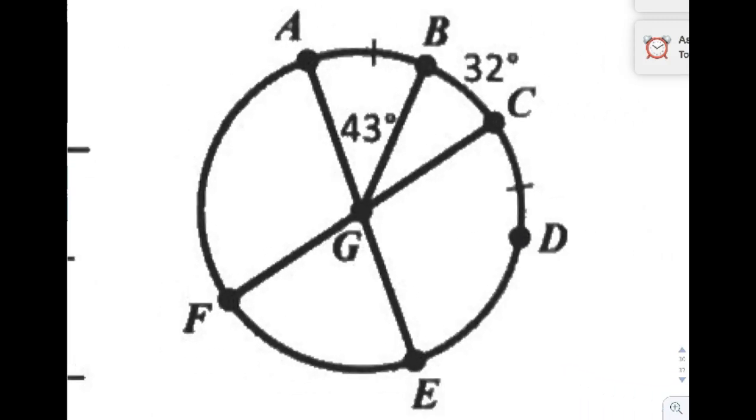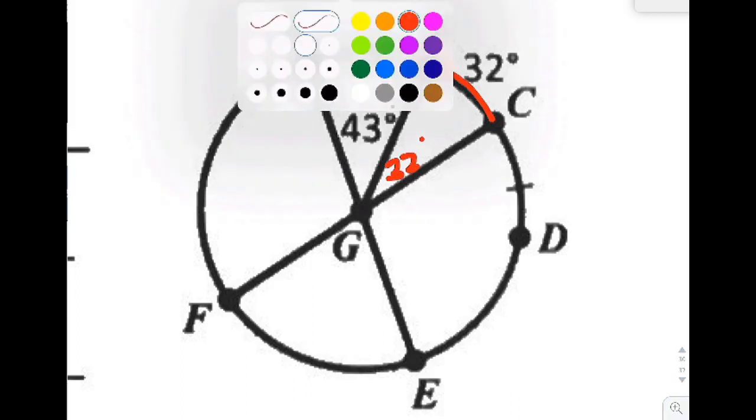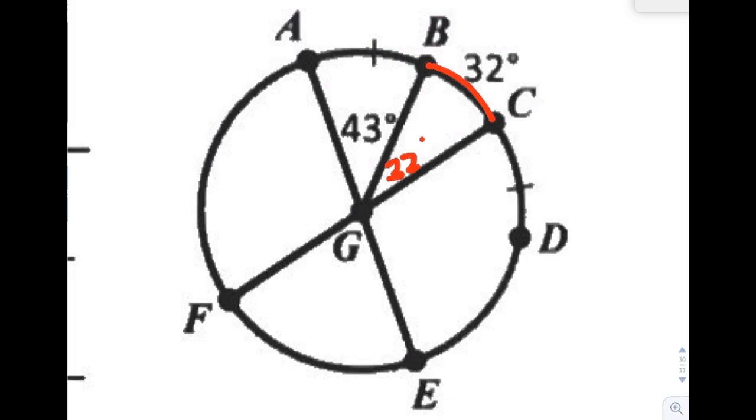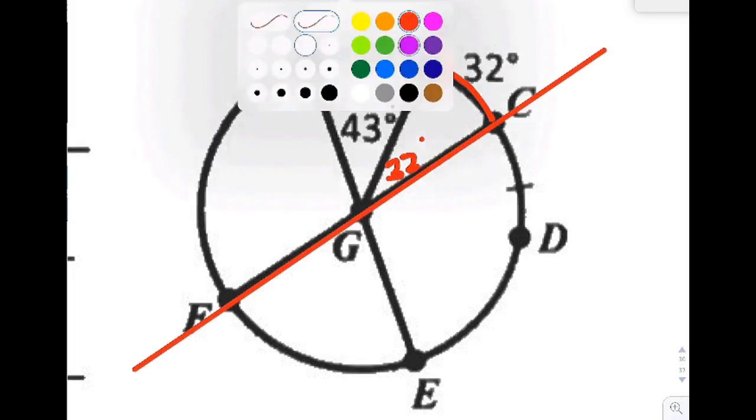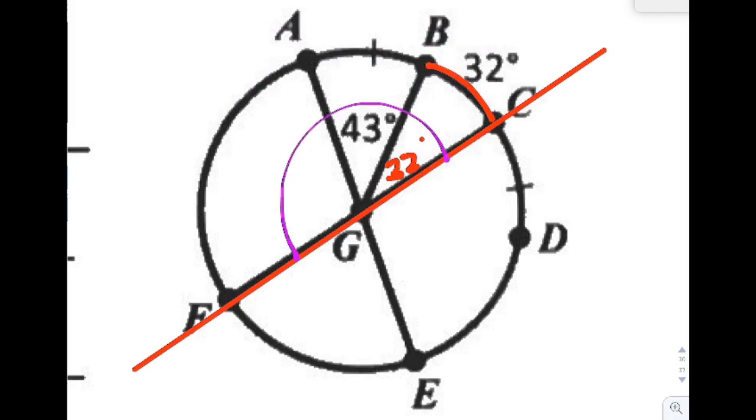Sometimes I like to fill out whatever I can fill out without even looking at the questions first, because sometimes you'll answer them automatically. If that's 32, well, that central angle is 32 then. Another thing I noticed is that we have a diameter going through the middle here, which means this whole angle is 180.